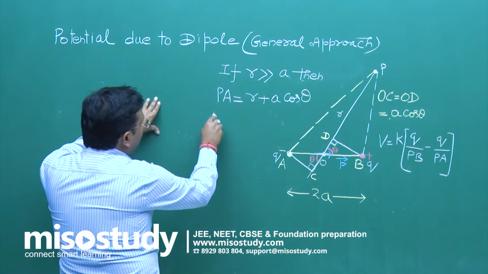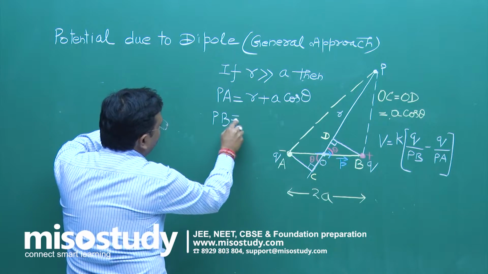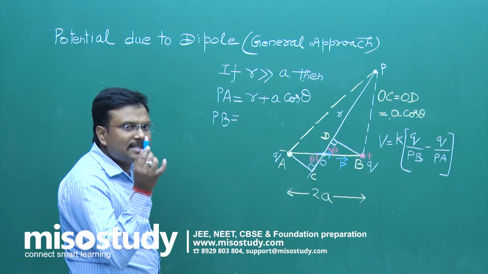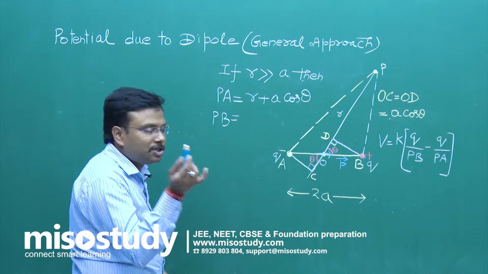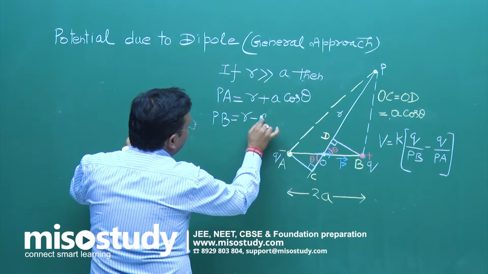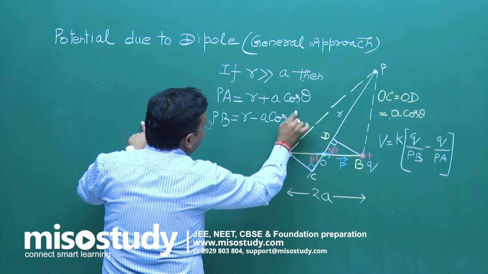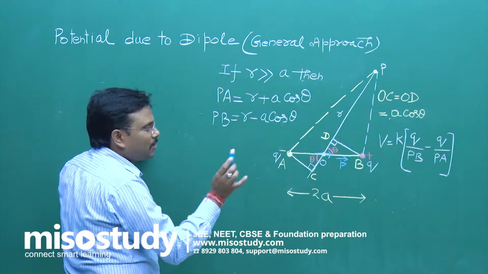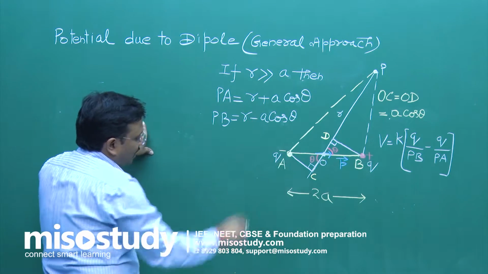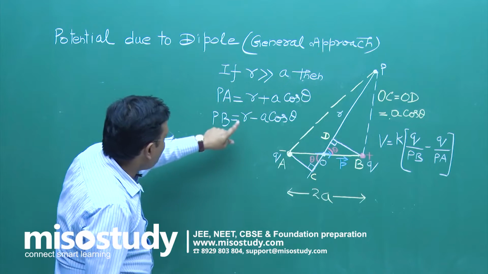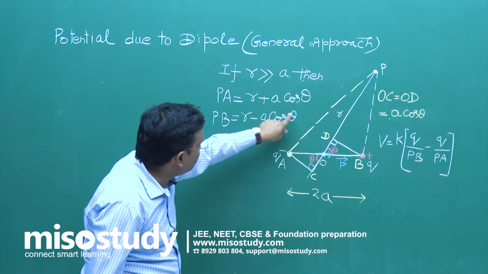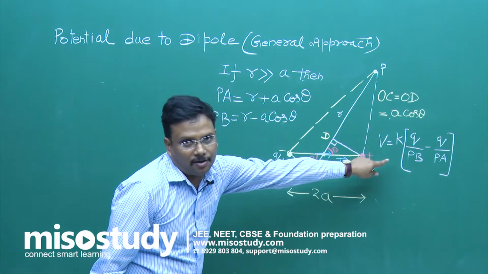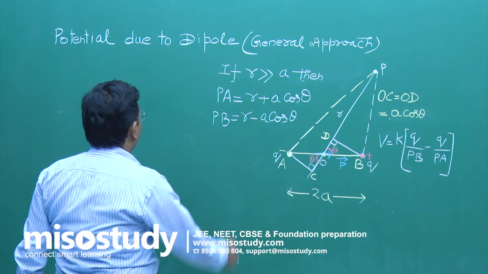Now PB is equal to R minus A cos theta, if you are able to write the previous term, then just by applying basic logic. If you are not interested in calculating all these using basic things, simply write this down. Now what you have to do is put this value and this value in this particular expression. So let me write down.